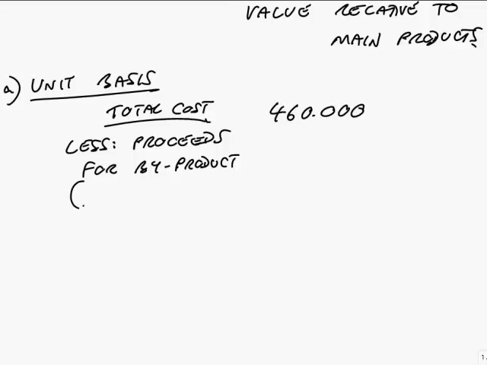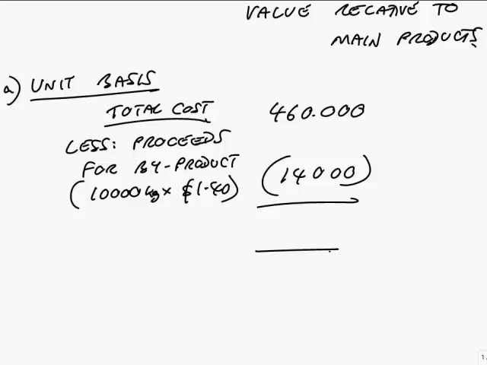And how much money do we get back from the waste? There are 10,000 kilos of this byproduct. We managed to sell it at $1.40, which means we get back, is it 14,000? And as a result, the final net cost of making A and B, the joint products, is what? I think 446,000?